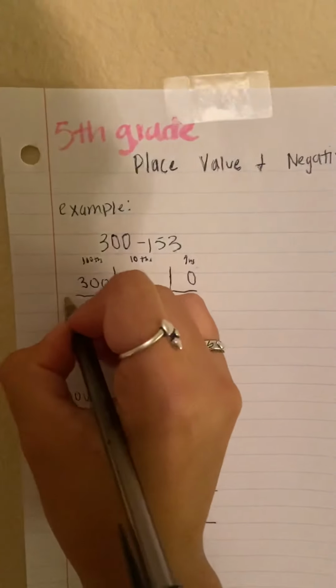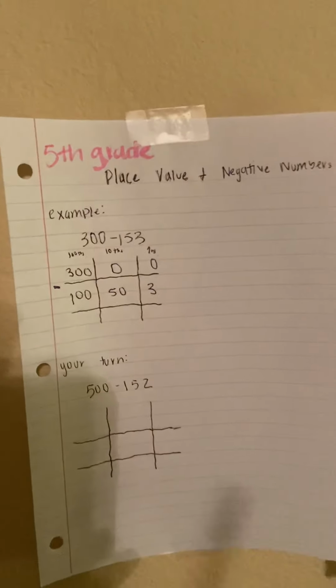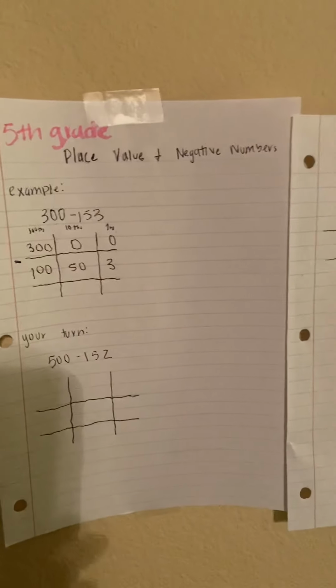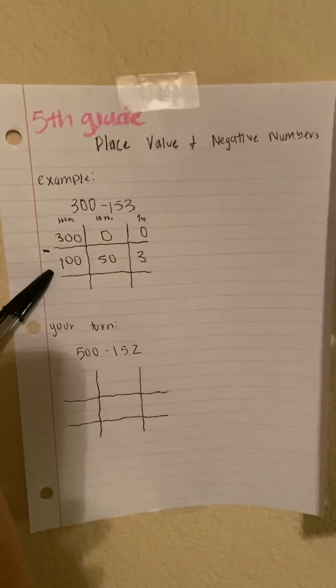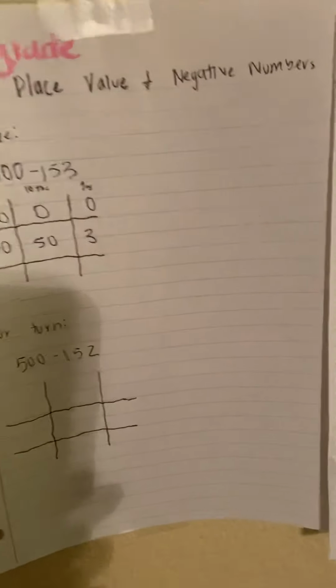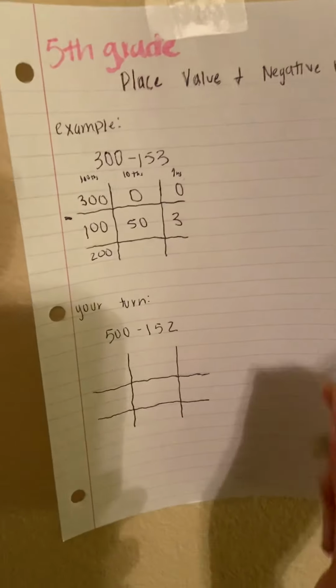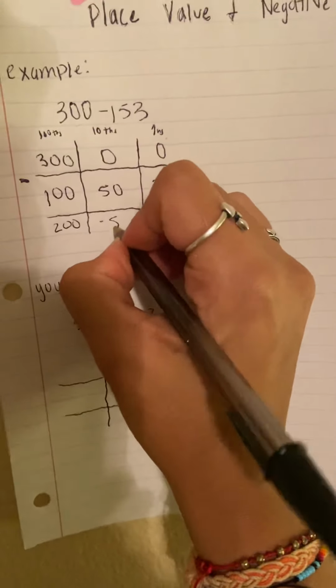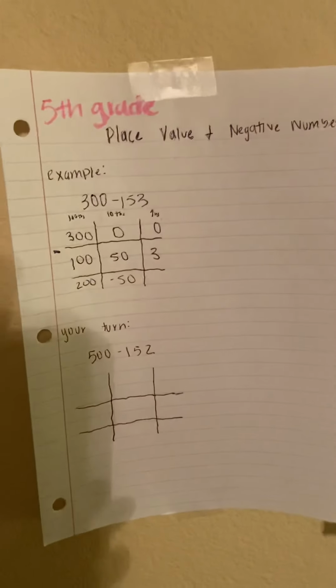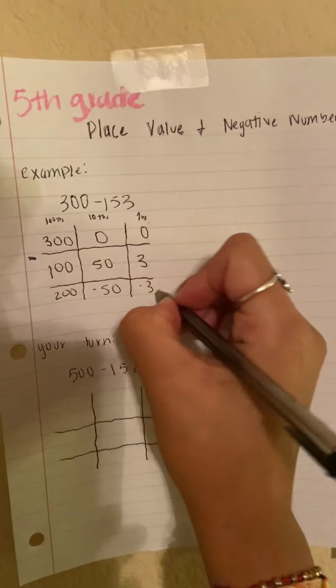And what we're going to do next is subtract, as we have been doing for the last couple of weeks. So 300 minus 100 is going to be 200. 0 minus 50 is going to be negative 50. 0 minus 3 is going to be negative 3.